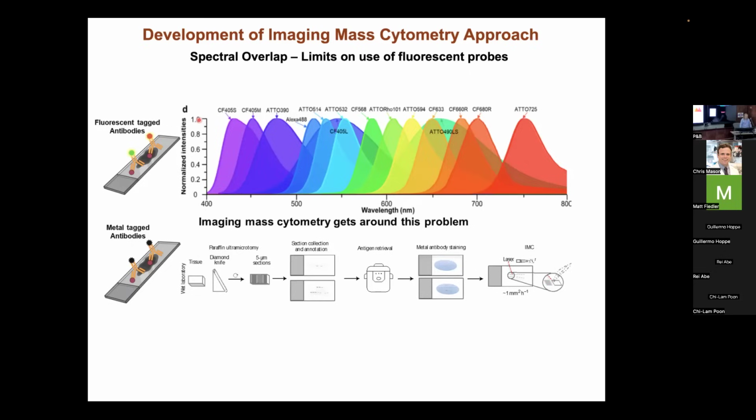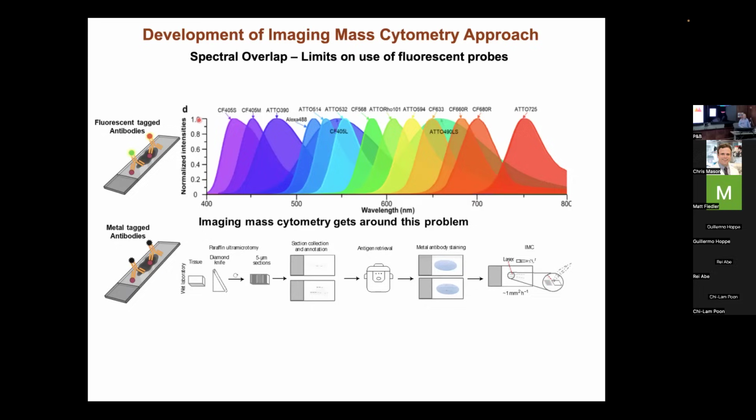Now, what imaging mass cytometry does to get around this problem is you essentially just take a variety of different isotopes of metals that are not present at any concentration in the tissues that you're studying. So in nature, there is a grand total of about 41 isotopes that you can obtain at high purity that are not actually present in tissue. Obviously, if you're going to look at iron, that would be a problem because we've got a crap ton of iron in us. So that's not going to be helpful.